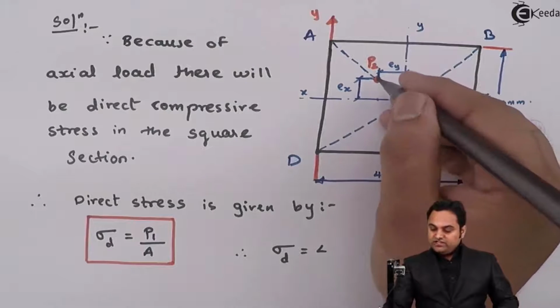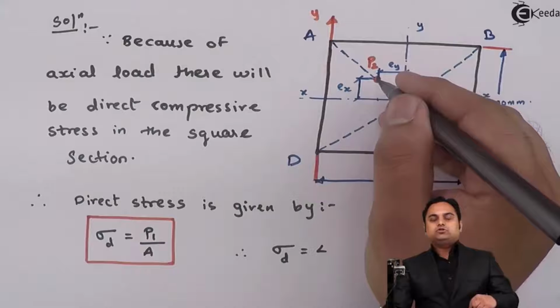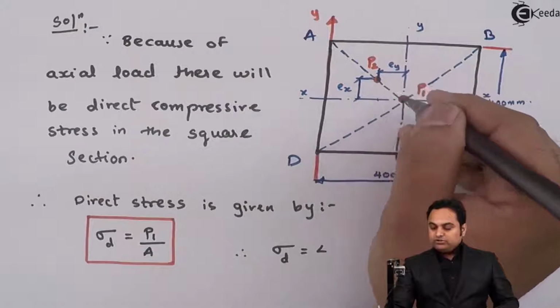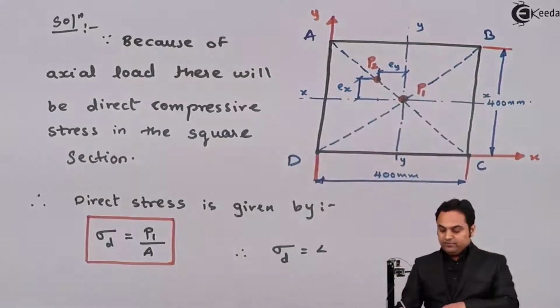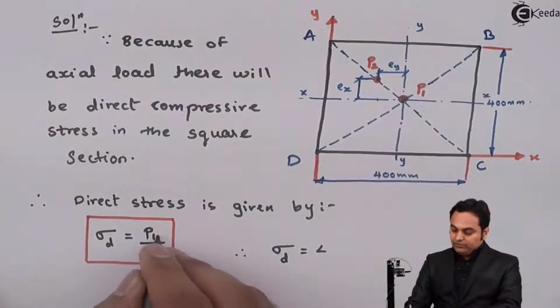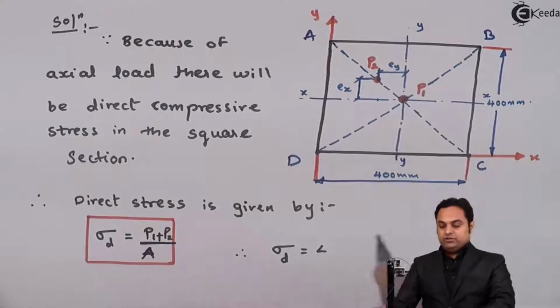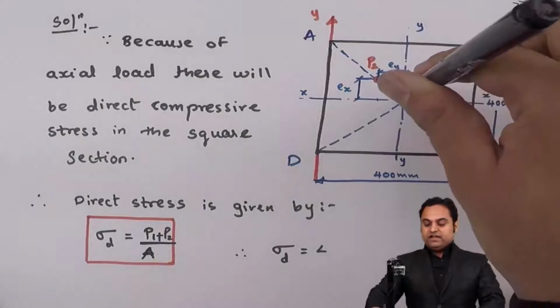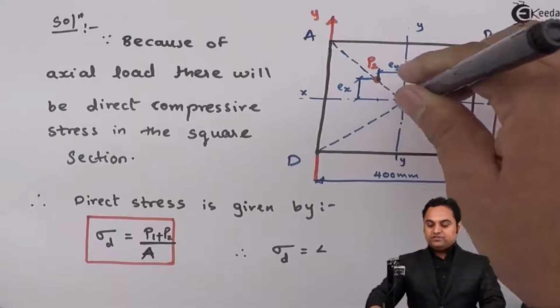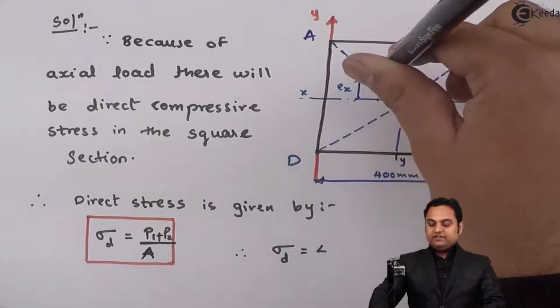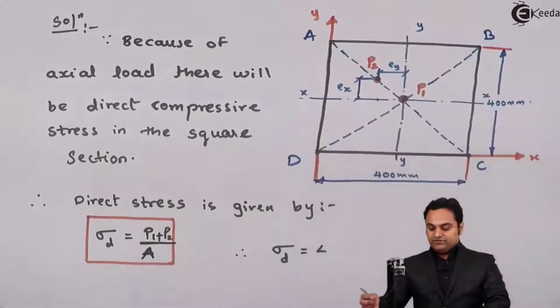Now if I look at P2, because of this also there is direct stress, because that will result in compression of the member. So here I'll write it is P1 plus P2, and because of that there is direct stress. Since P1 is acting at the axis, it is compressive stress, and even P2 is acting in the downward direction, so again compressive stress.